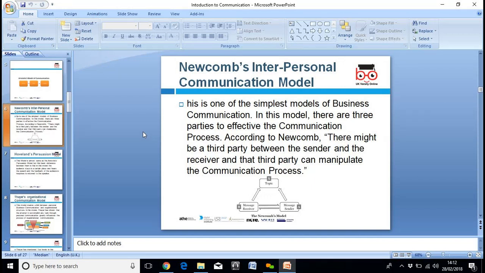If there are too many processes within the internal communication system, what tends to happen is messages get, let's say, distorted from what they were meant to be originally. So this topic has the message sender, the topic, and the message receiver, and it's saying there could be a third party in between there that can make a difference to the outcome, put it that way.